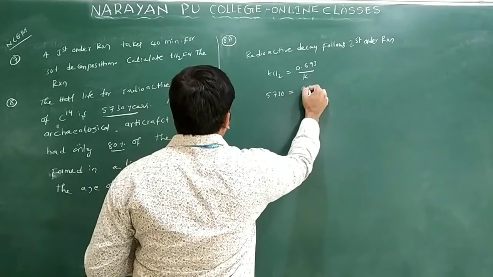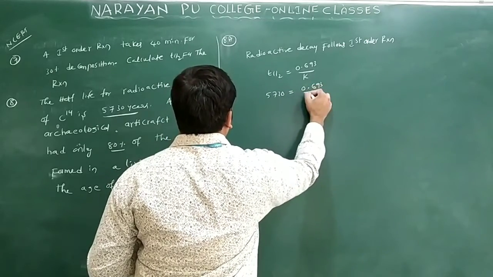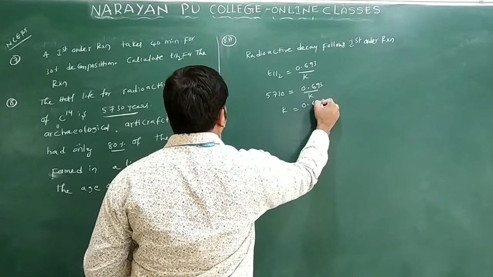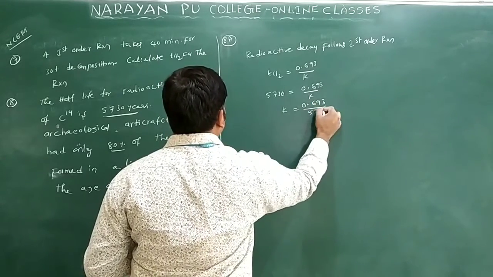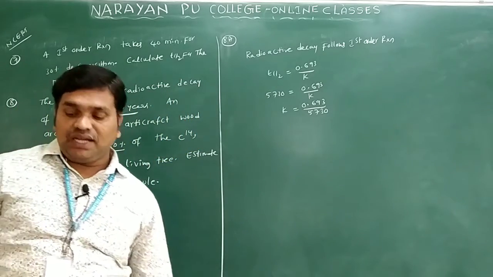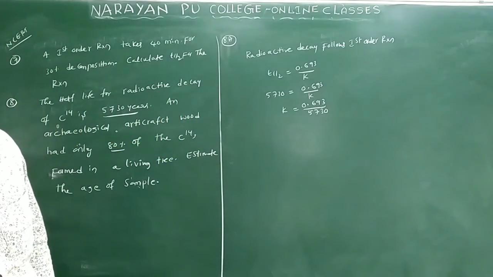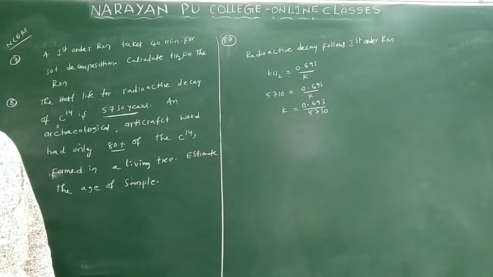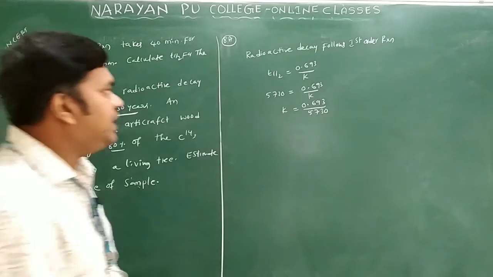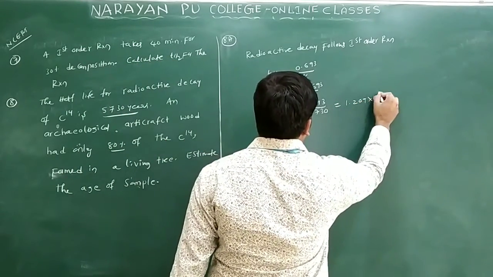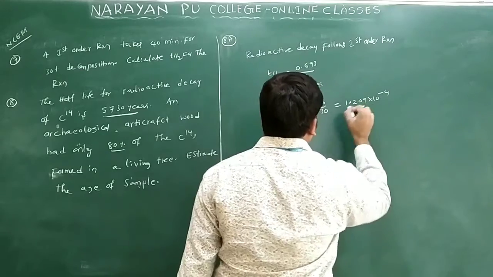So 5730 is equal to 0.693 by K. So K is equal to 0.693 by 5730. From this you can find out the K value. The K value you will get here is 1.209 into 10 power minus 4. This is the K we got.